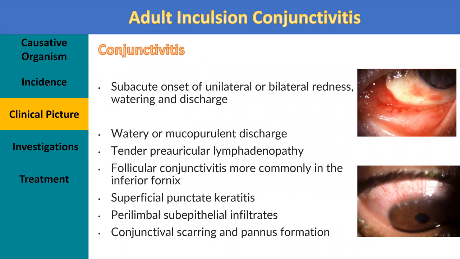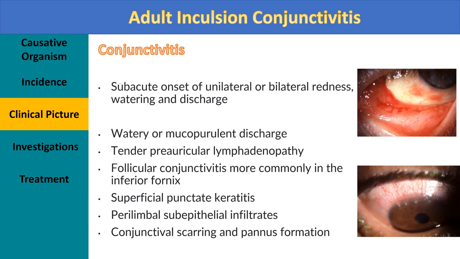This was also sometimes asked previously in one of the ICU exams, and many fell into this trap. As a general concept, we know that watery discharge is related to viral infection rather than bacterial infection. But in adult inclusion conjunctivitis, the chlamydia can cause both watery or mucopurulent discharge.